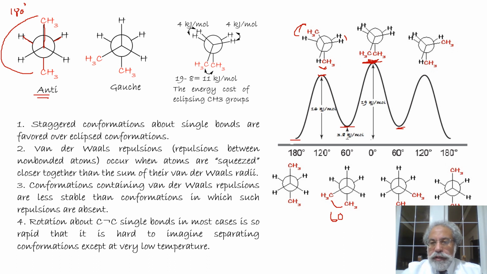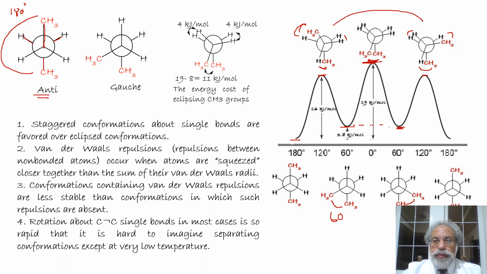We go back the same as this one, where CH3 and CH3 have 60 degrees. Okay, and then we move again 60 degrees. We go up where we have CH3 eclipsing with hydrogen, CH3 eclipsing with hydrogen, and hydrogen is eclipsing with hydrogen.